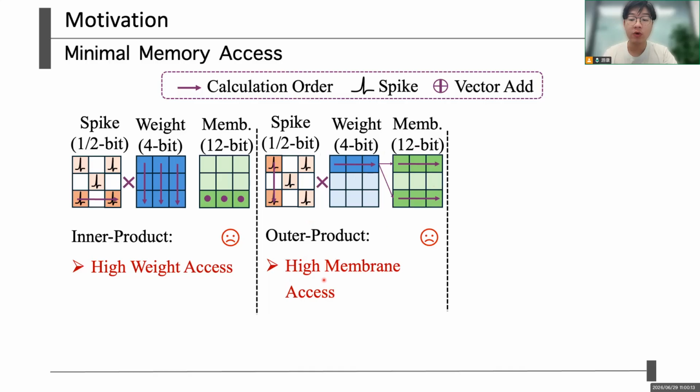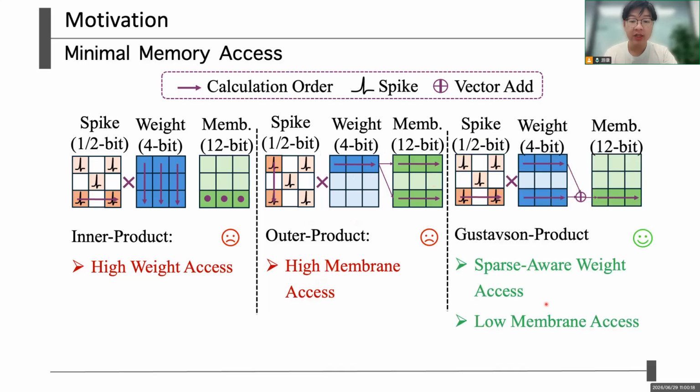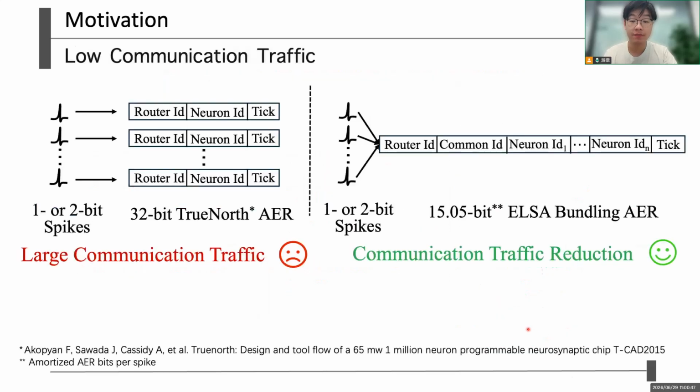This causes frequent access to high-precision memory states. In contrast, the Gustavson product dataflow processes one spike row and fetches the weight rows associated with the active spike positions. It updates each membrane potential row with a single write back. This reduces both weight buffer access and membrane buffer traffic, making it well suited to elastic inference.